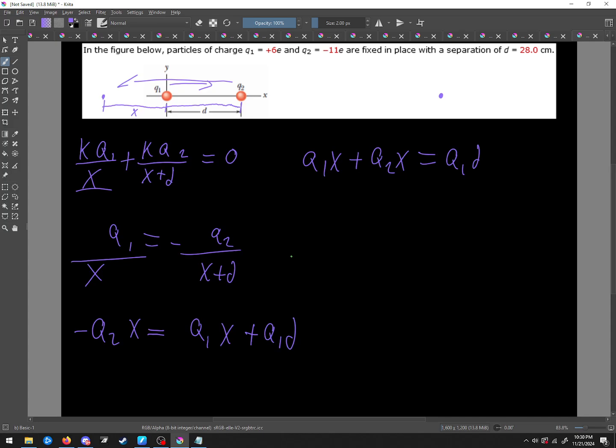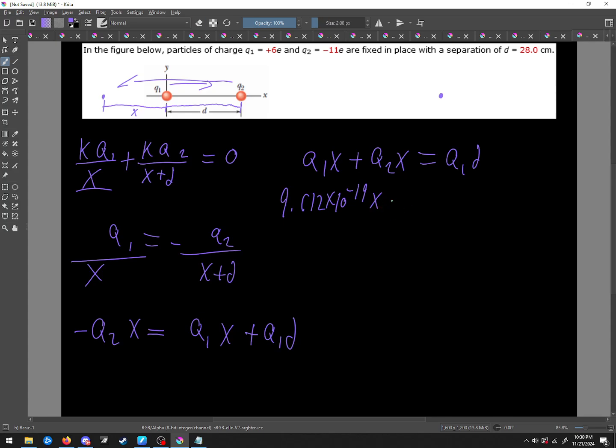And we know what q1 and q2 are. So now we know that 9.612 times 10 to the negative 19 x, plus, actually this would be minus, wouldn't it?